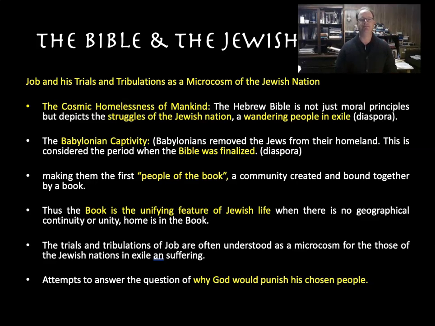What is the central problem, the historic problem of the Jewish nation that is trying to be explained in the Bible? It's this cosmic homelessness, first of mankind, with the exile from the garden, but then later the cosmic homelessness or the wandering or exile, the diaspora of the Jewish people. Right? What do I mean by cosmic homelessness? Home is not just where you live, it's where you belong.